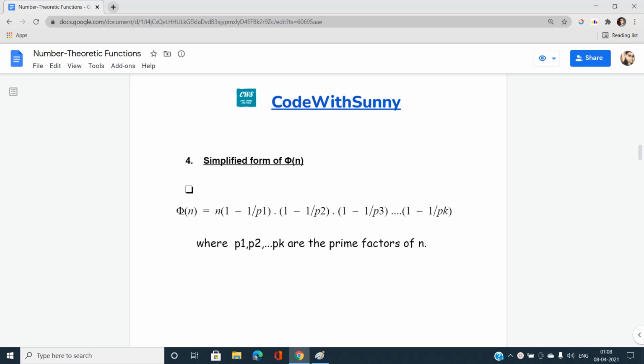I have a simplified relation: phi of n equals n into 1 minus 1 upon p1 into 1 minus 1 upon p2, and it goes up to 1 minus 1 upon pk, where p1, p2, up to pk are the prime factors of this number n. So how did this relation come about? Let's understand how we are going to get this relation efficiently. Let's move further.